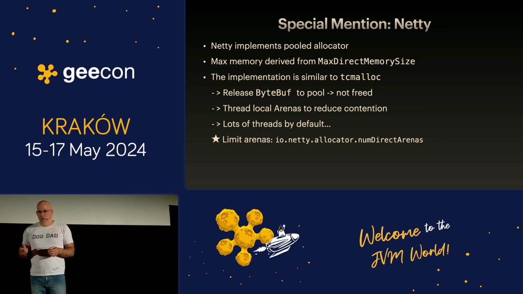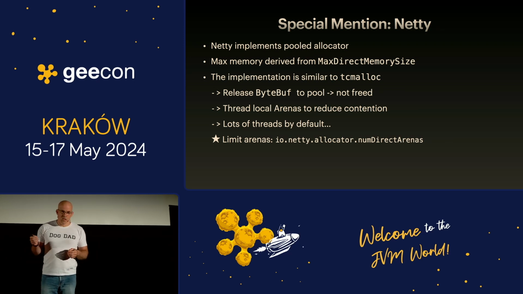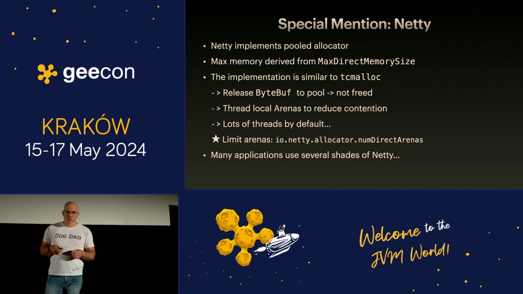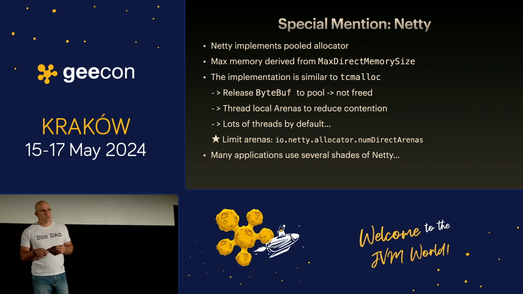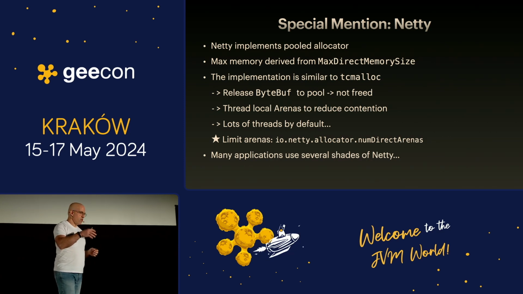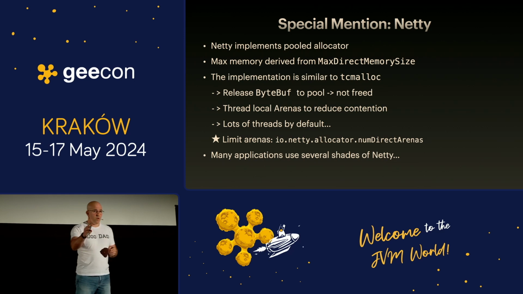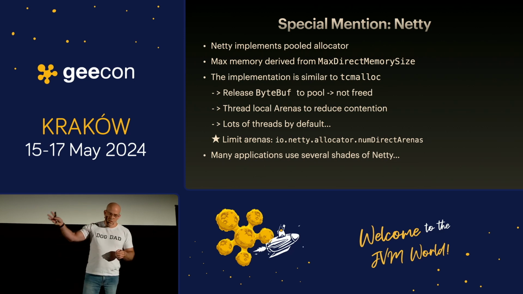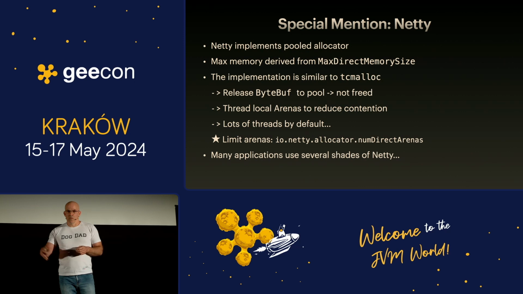So you can set the number of direct arenas. Watch out for shades of Netty. So you have your S3 SDK client, and you have your Cassandra client, and you have your Memcache client, your metrics client, all those clients.